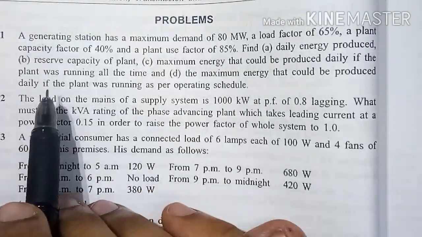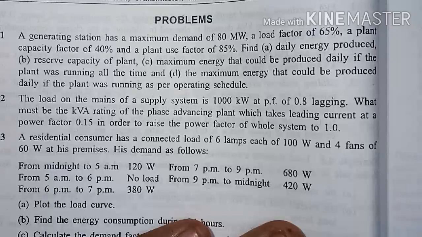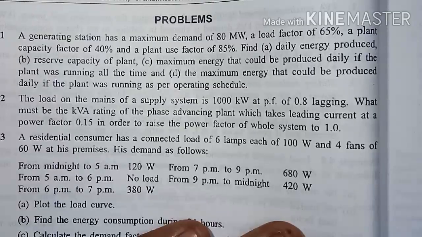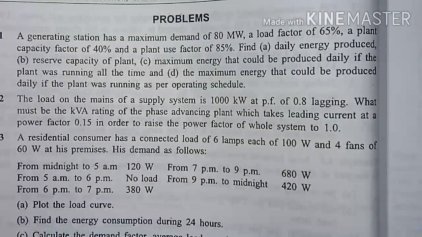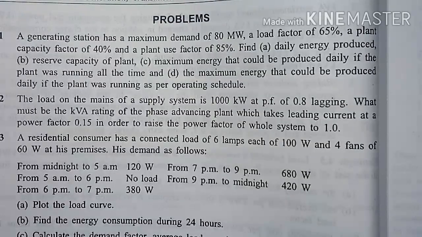You copy down question number 1 here. Question number 1 is to be solved as homework. If not possible to write down quickly, then you will have to pause and write.